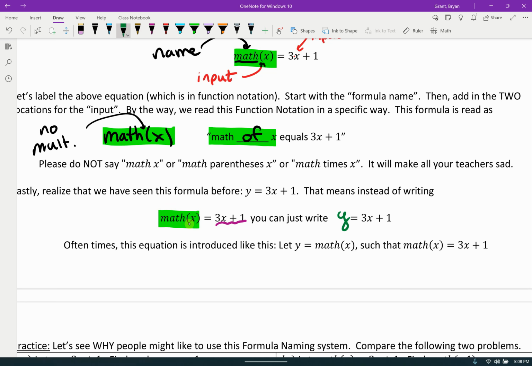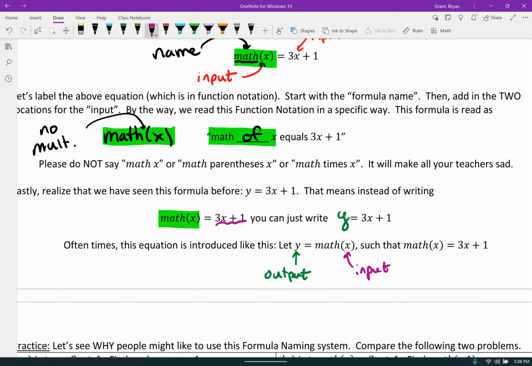But it's important to realize that the y is the same thing as math of x. Oftentimes, you'll even see this as let y, so let the output be created using the formula math of x, meaning they'll give you an input, you put it into the formula, do some math, and you'll find the output.